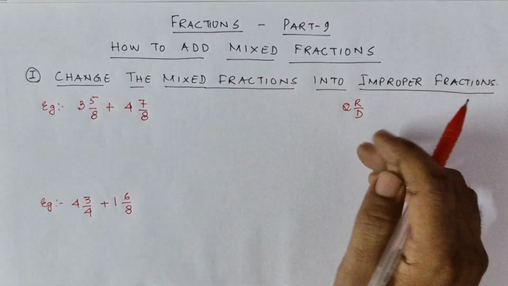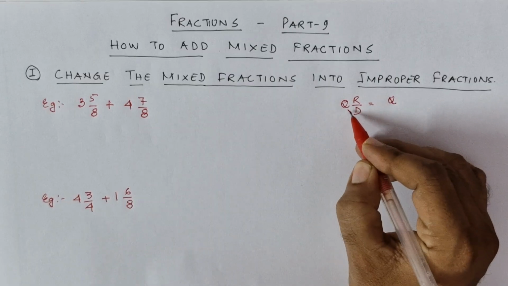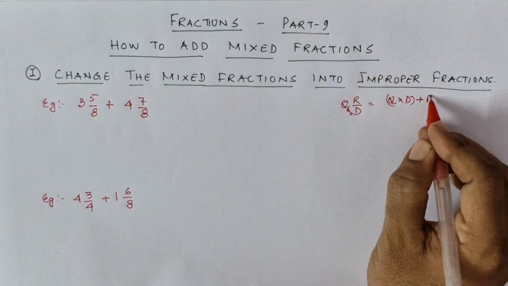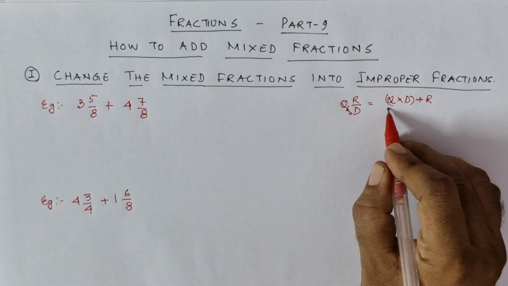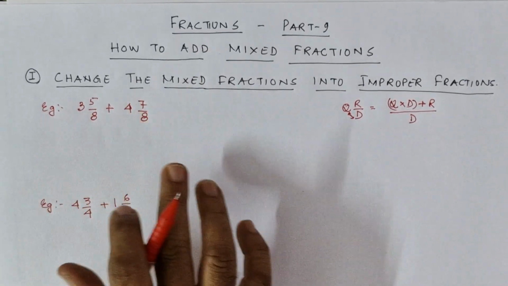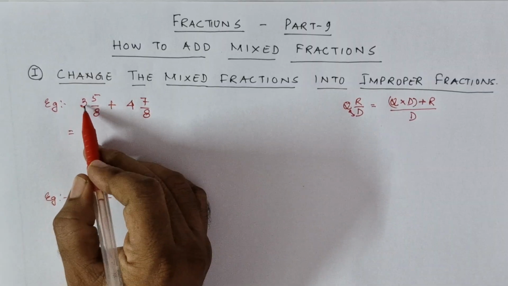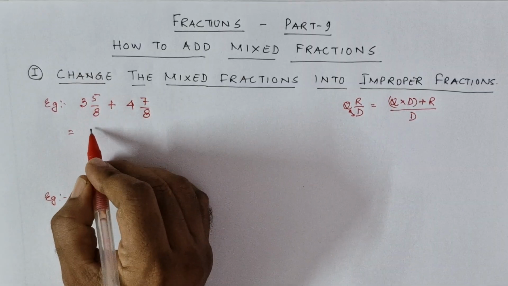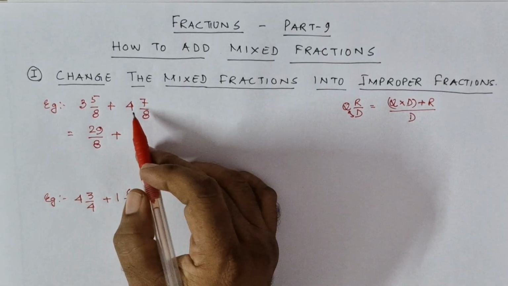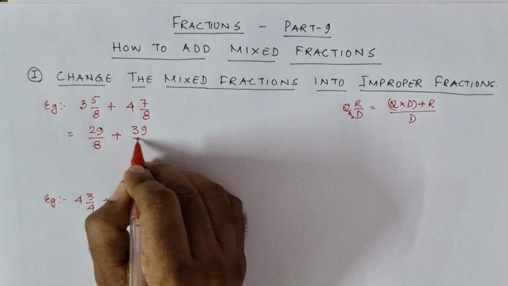Now, how to revert back to improper fractions? We have to multiply Q into D, and add the result to the remainder, divided by D. So let's convert them into improper fractions. 8 3s are 24 plus 5 is 29, so 29 by 8, plus 4 8s are 32, 32 plus 7 is 39, so 39 by 8.